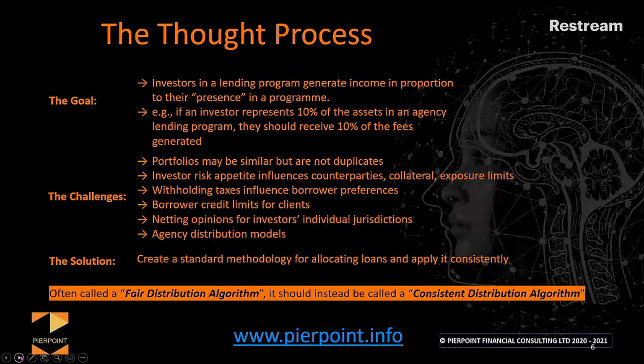You have these same two lenders with very similar portfolios. One of them is much more narrowly focused in terms of which counterparties they will lend to. An agent lender might have, say, 50 borrowers or 100 borrowers, and investor A only wants to lend to 80% of those because they don't know, or they don't like, or they don't have a relationship with that other 20%. And the other one is happy to go with 100%.